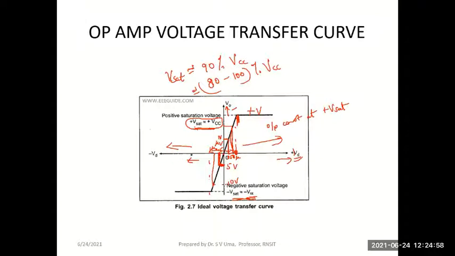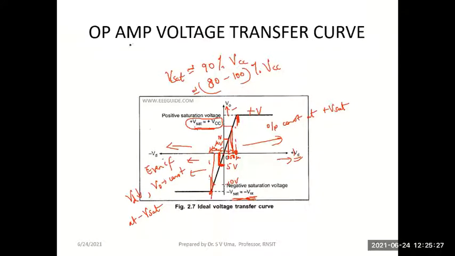Similarly, in the negative direction, after this point, if the differential input voltage decreases still further, so even if VD decreases, V0 remains constant at minus VSAT. So the output voltage will reach positive and negative saturation at very small levels of differential input voltage.